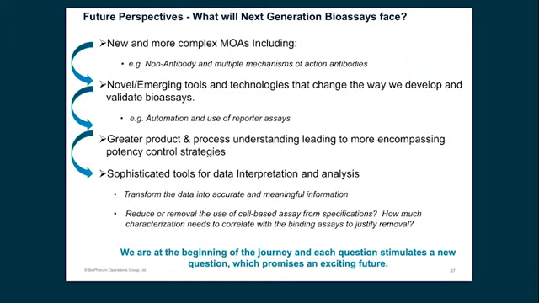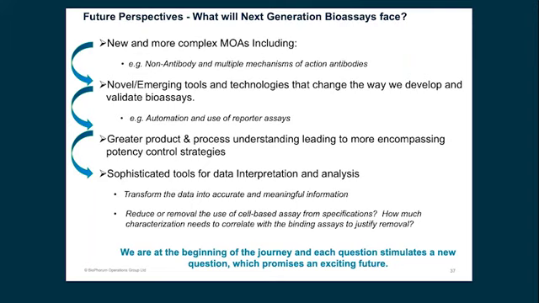There are multiple mechanisms of action. A lot of us have dealt with the simple mechanisms of action, the interaction, the neutralization of a binding ligand. Companies are now implementing non-antibody approaches, but also antibodies with multiple mechanisms of action.